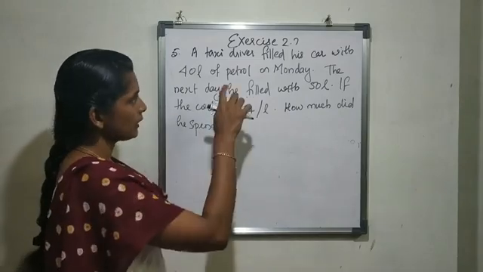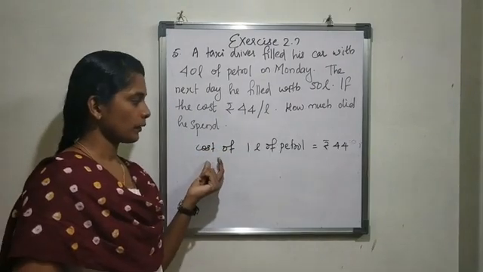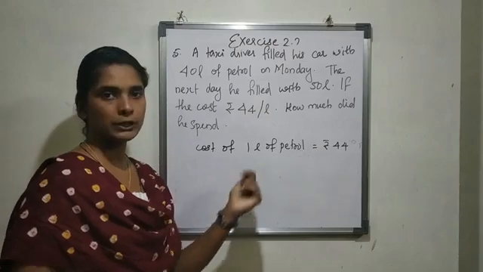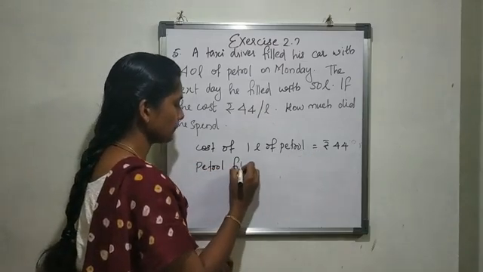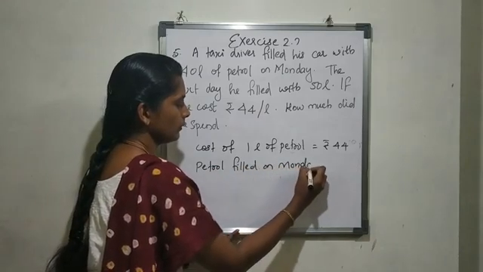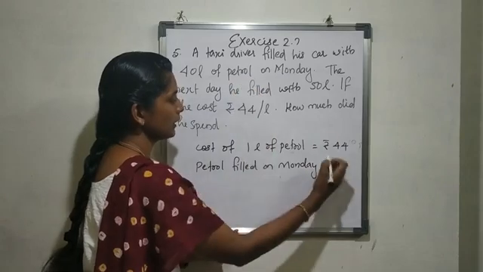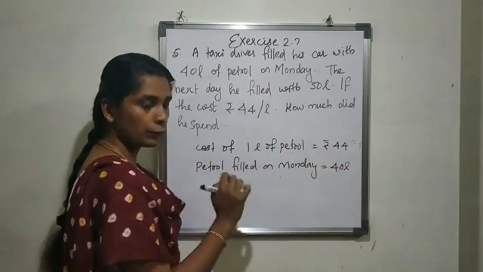First we can write the cost of 1 litre of petrol is rupees 44. Then petrol filled on Monday. On Monday he filled 40 litres of petrol. Therefore cost of 1 litre is 44.